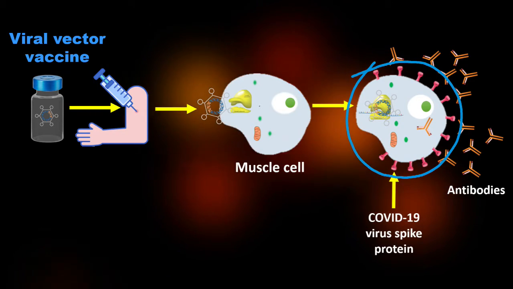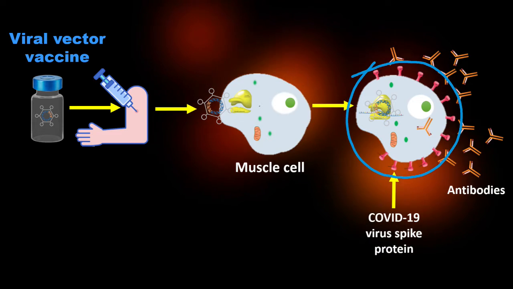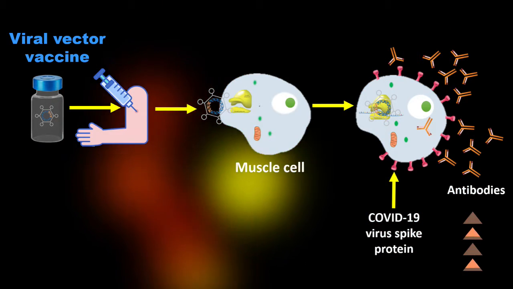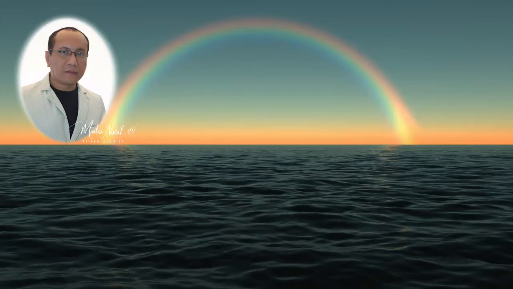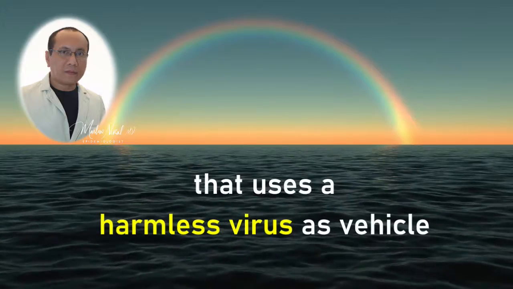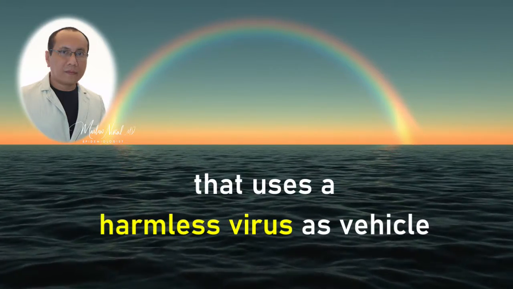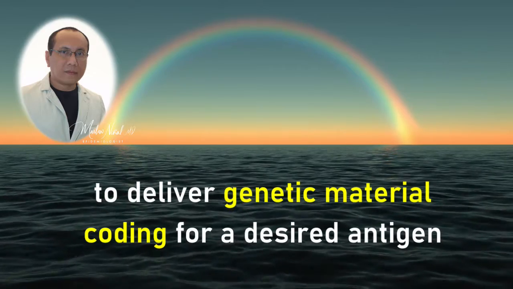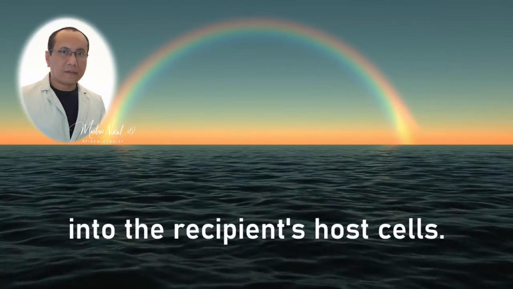The displayed spike proteins are recognized by the immune system, which produces specific antibodies and T cells to attack them. Therefore, a viral vector vaccine is a vaccine that uses a harmless virus as a vehicle to deliver genetic material coding for a desired antigen into the recipient's host cells.